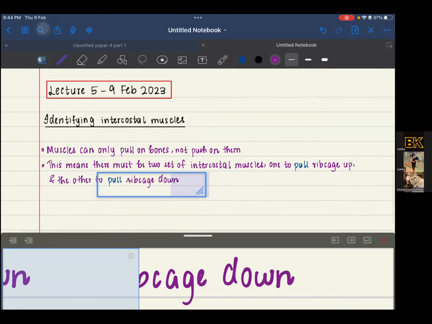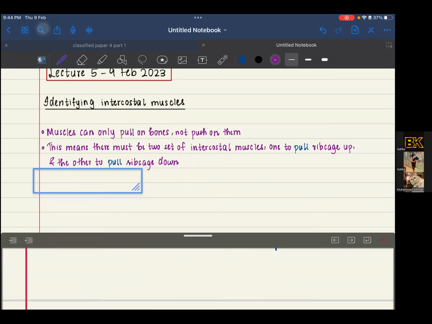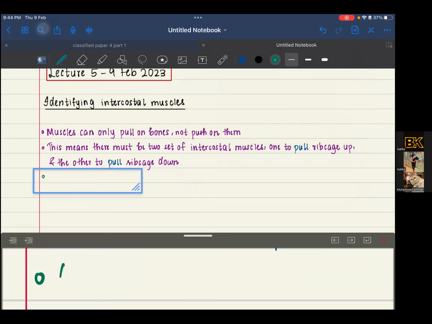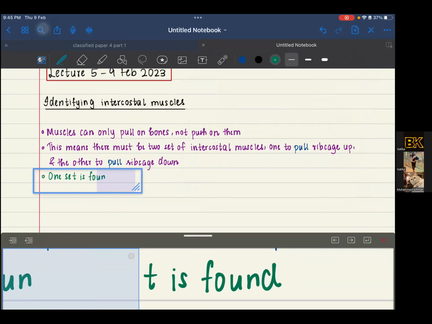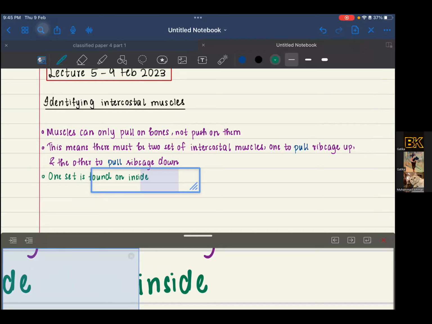Okay, now we're going to say about the two types. One set is found on the inside, or you can say one set of intercostal muscles is found on the inside of the rib cage.